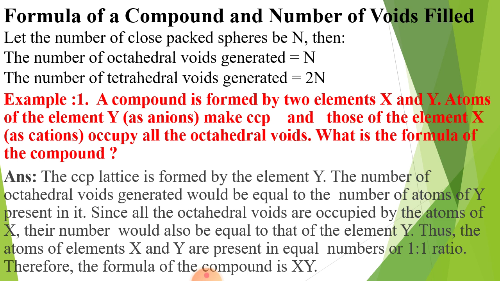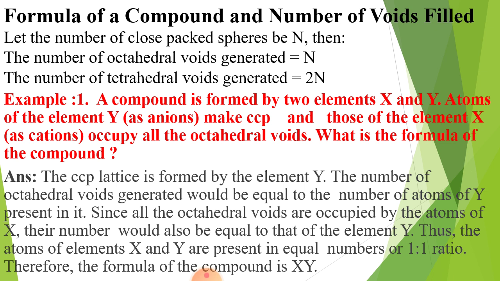Now, one common question arises from the formula of a compound and the number of voids filled. For this type of question, you have to know that if the number of close packed spheres is n, the total number of octahedral voids generated is n, and the number of tetrahedral voids generated is 2n.